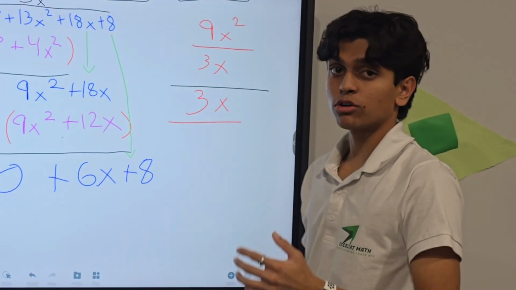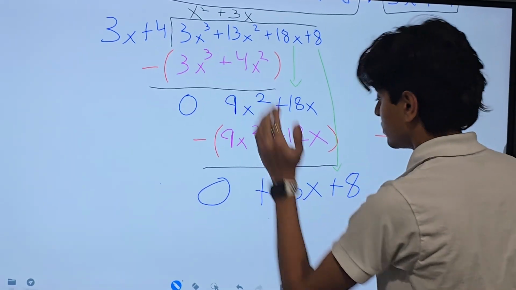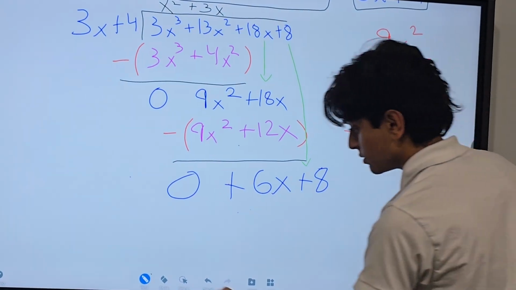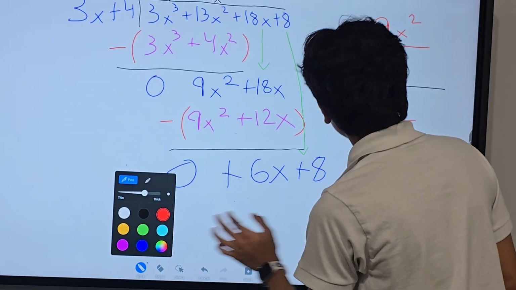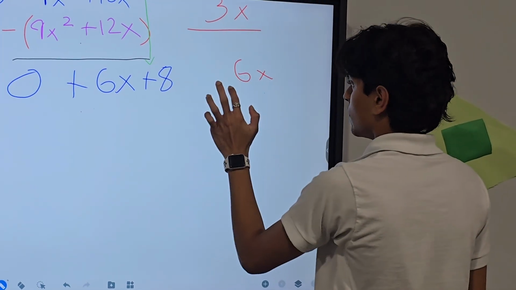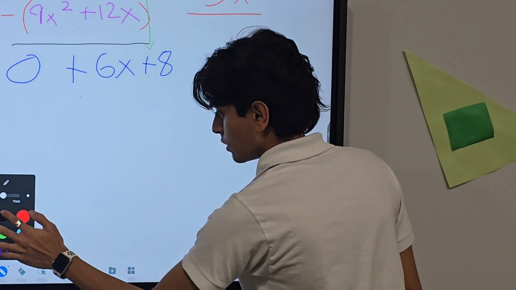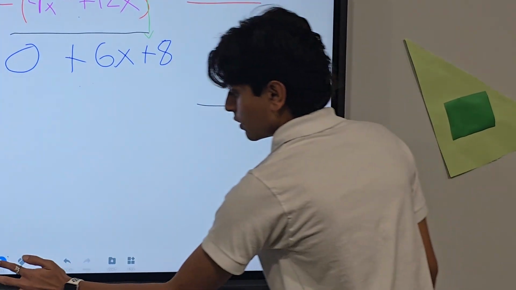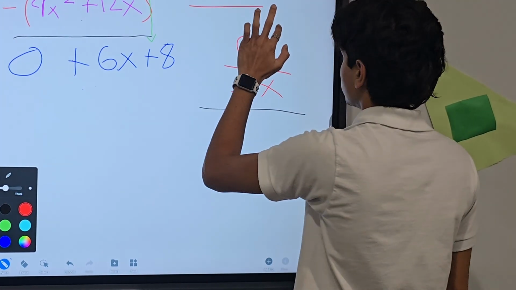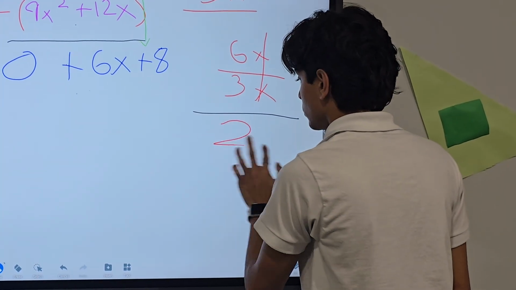Now, we go back to our first terms. How many times can 3x go into 6x? So we can set it up over here. 6x over 3x. The x's will cancel out, and then 6 divided by 3 is equal to 2.